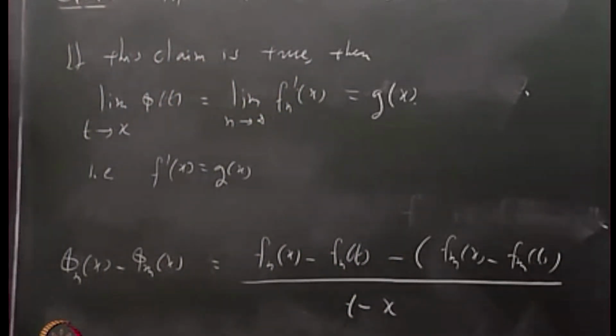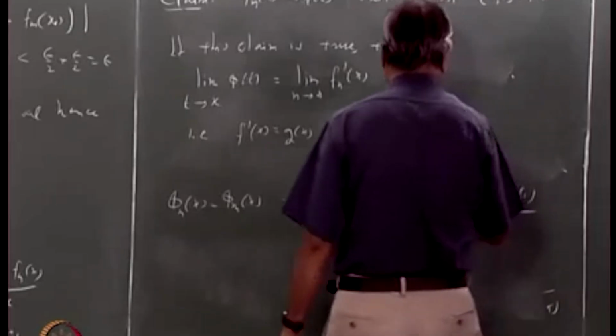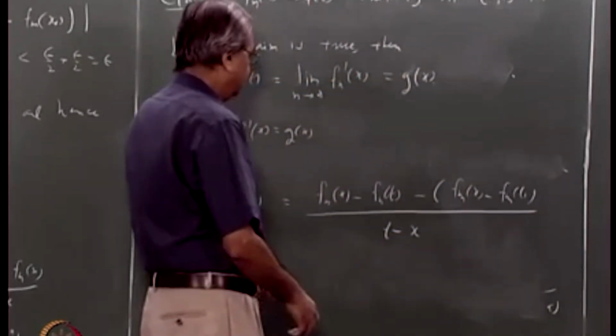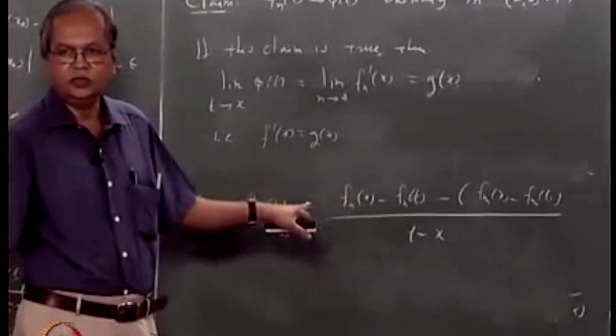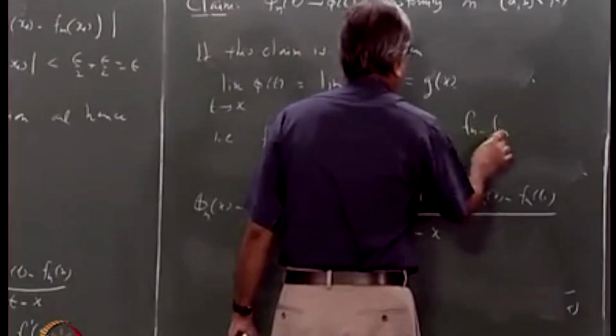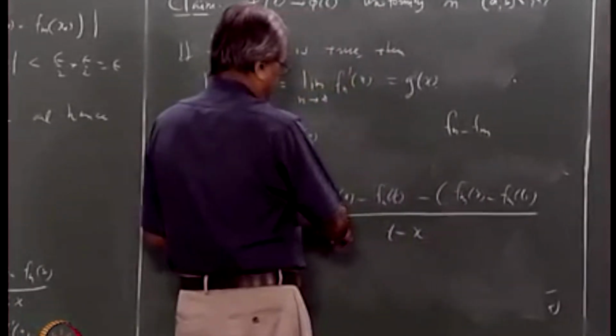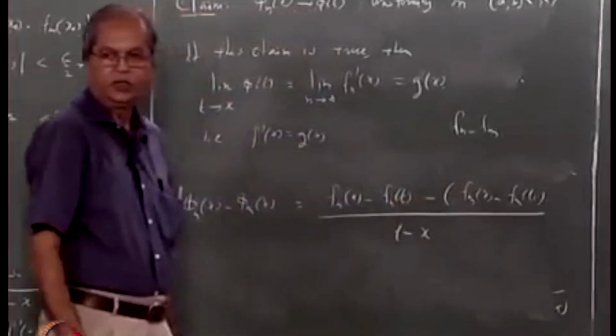We shall use the same technique which we have used earlier, namely the mean value theorem. Because if you look at this Fnx minus Fnt and Fmx minus Fmt, these are nothing but the values of the function Fn minus Fm at x and t. Again, for the function Fn minus Fm, you have Fnx minus Fmx and then minus Fnt minus Fmt, right?